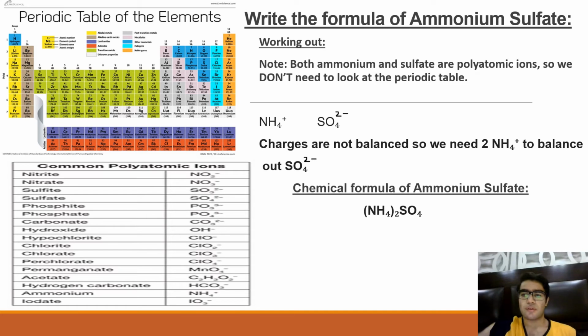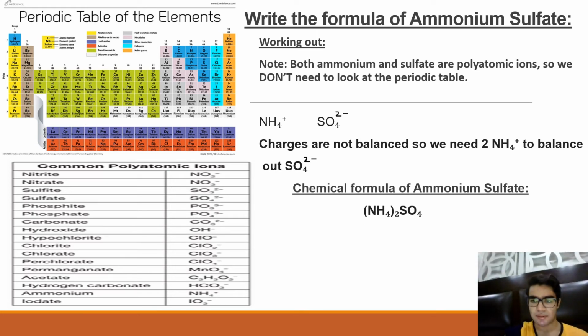So charges are not balanced because we need two NH4s to balance out one SO4 2 minus. Because see, the charge is plus 1 and here is 2 minus. So we need two of these that will make it plus 2 to balance out one of these. Okay. So you just write the formula. You write NH4, you put brackets, you write 2, and then you write SO4 because we need two of NH4 to balance out one of SO4. Okay.